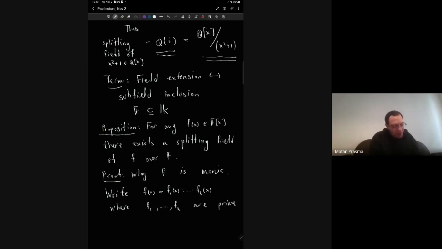But for prime, you always need to have a reference field, so prime over F, or over F[x]. This is the prime decomposition, analogous to the prime decomposition of an integer.